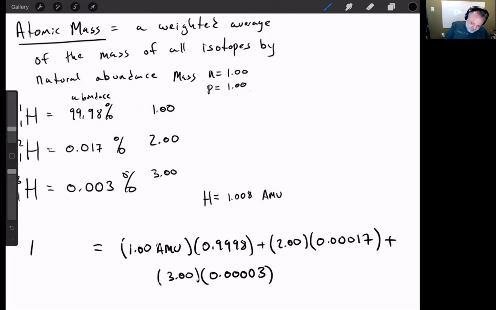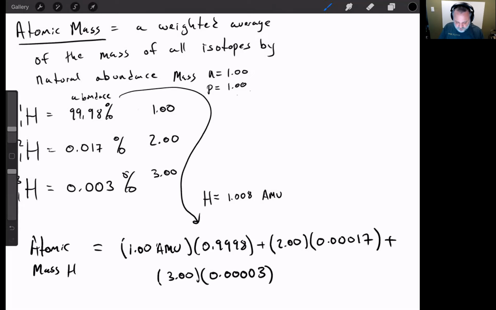This is the atomic mass of hydrogen. This is how we do the calculation. We take the abundance, we turn it into its decimal form, we multiply it by its mass, and then we add up each of those components.